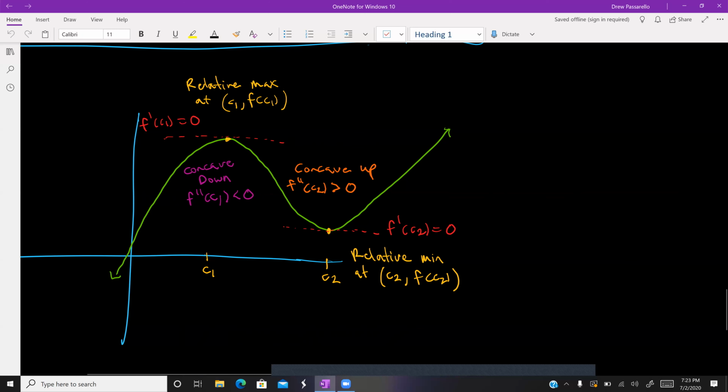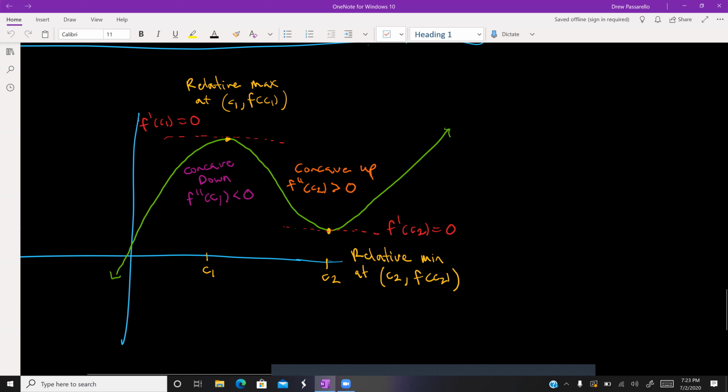The horizontal tangent line has a slope of 0. In other words, the first derivative, f prime of C1, equals 0. So that's where you have a horizontal tangent line at the relative max. And also the graph is opening downward, so its second derivative is negative. The other point, C2, is a relative min, and it's opening upward.